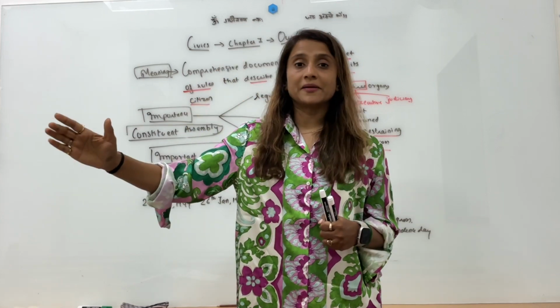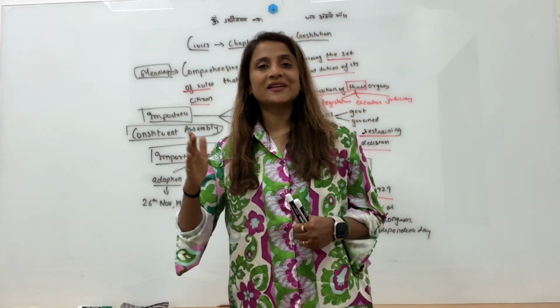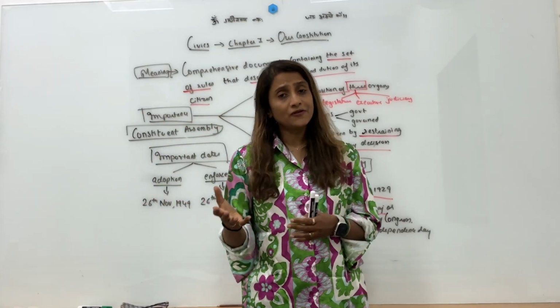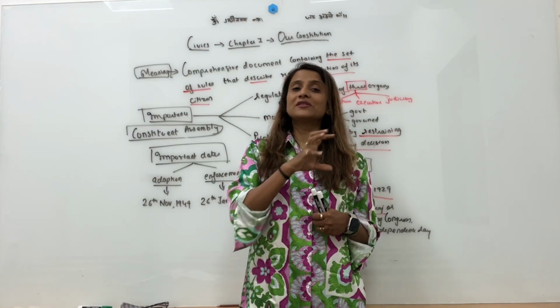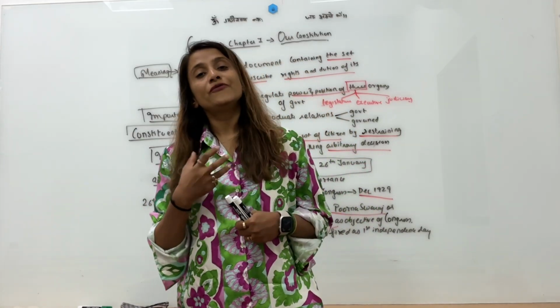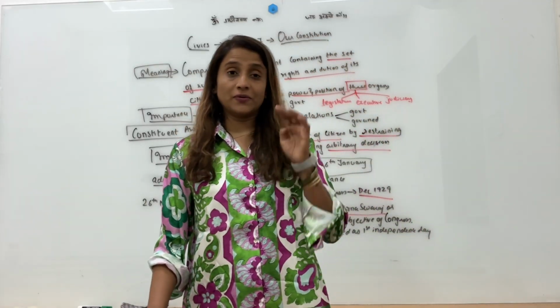But till that time, every year, 26 January, we kept on celebrating as our Independence Day. But we got our independence on 15th August 1947. So in the remembrance of that date, we decided to enforce our constitution on 26th January.